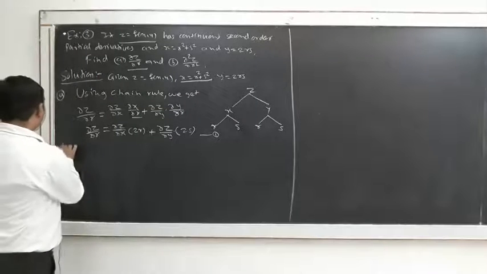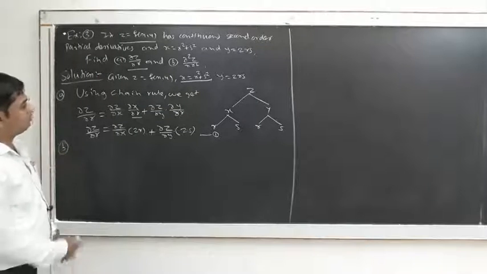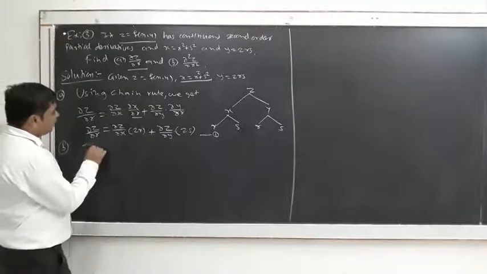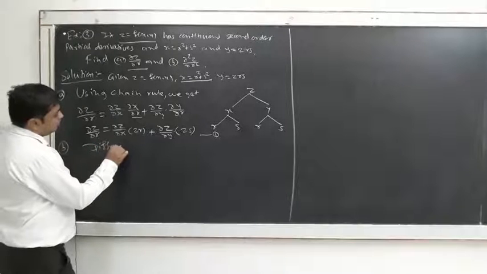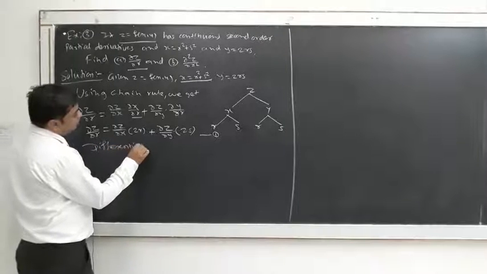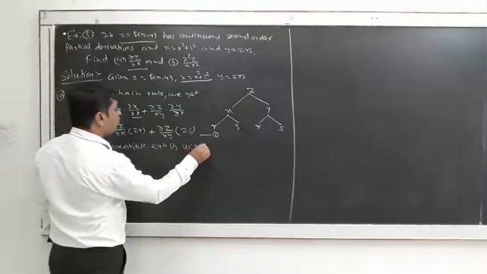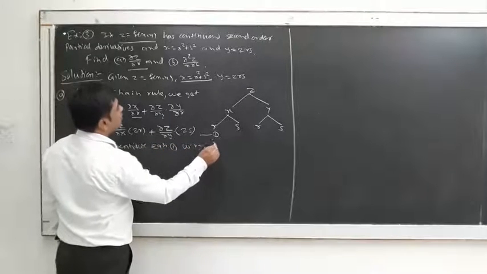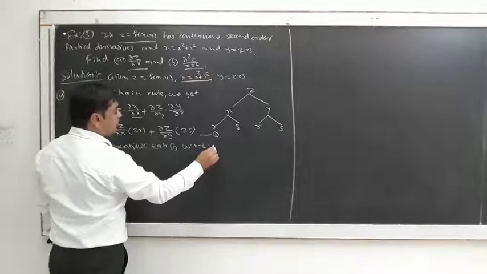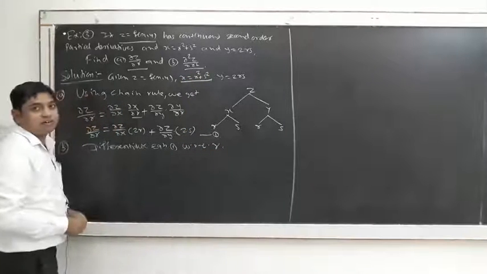Now we have to solve the second part, and for this what we have to do? Differentiate equation 1 with respect to, what we need, r square, so with respect to r.